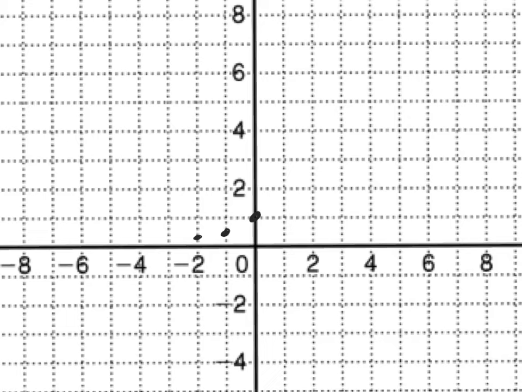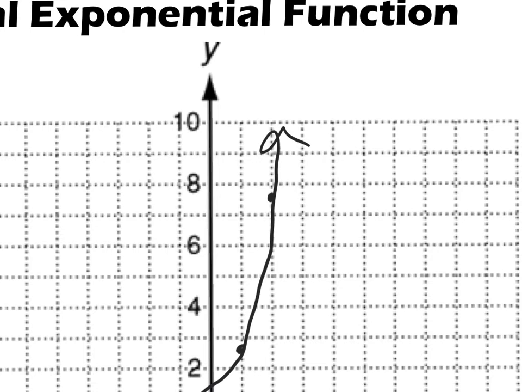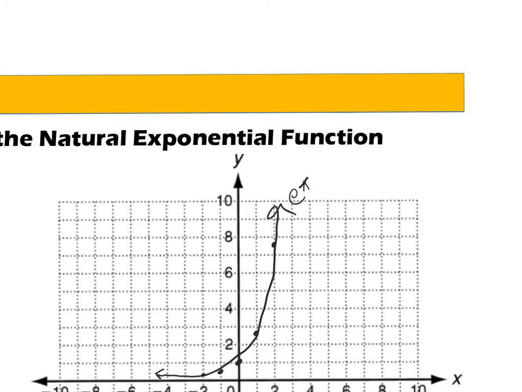And then at 2, we're way up here at 7 point something, right? Okay, so if I connect my dots, it's a nice smooth curve. It's our exponential function. Is that a growth or a decay? It's a growth. It's getting bigger. What do you guys notice that it gets really, really close to but doesn't touch?